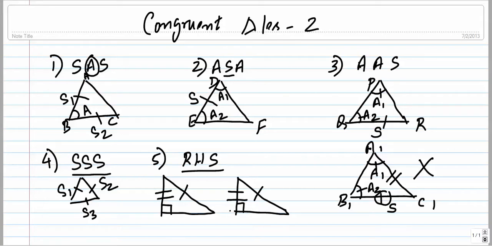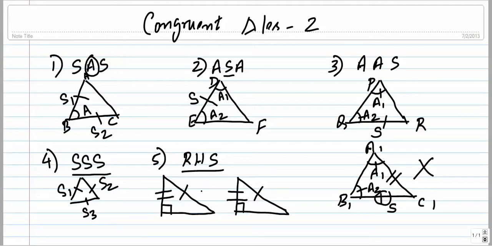So in this case we can see that two sides are equal, and since these two are right angle triangles, the angle is equal. So in other ways I can say that these are congruent by ASS or SSA. But being right angle triangles, we say that they are congruent by RHS, that is, one hypotenuse is equal to the other hypotenuse and any one side is equal to the corresponding side.